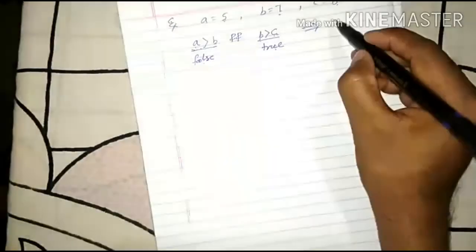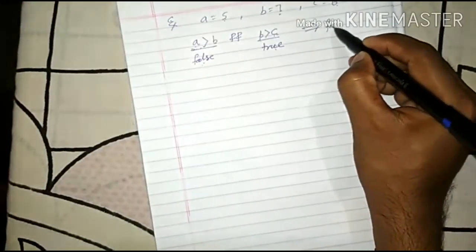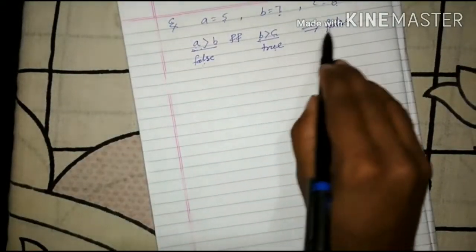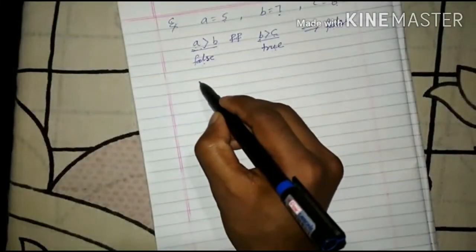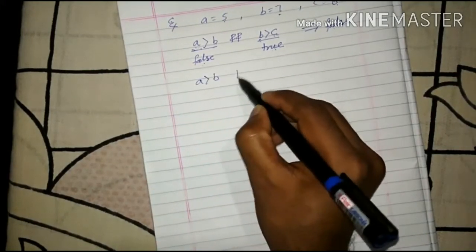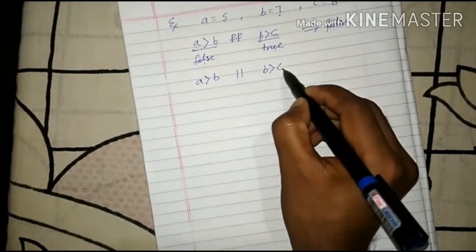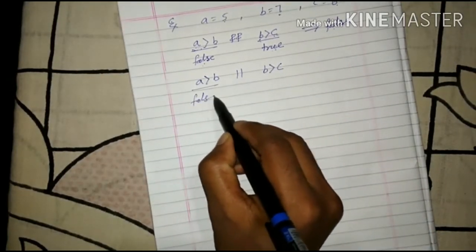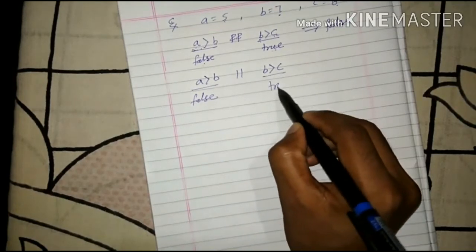So we can see false and true will be false. In the case of AND, false and true will be false. If I write the same thing as A greater than B OR B greater than C, it means this is false, this is true.